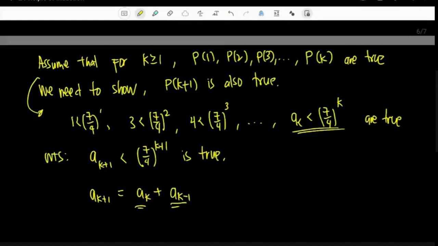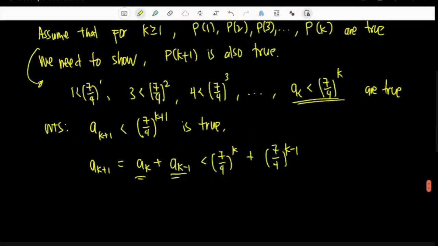All right. So because of the strong hypothesis, we have an assumption for k and k minus 1. So we can right away say that this is less than 7 over 4 to the k plus 7 over 4 to the k minus 1. So here we use the inductive hypothesis.